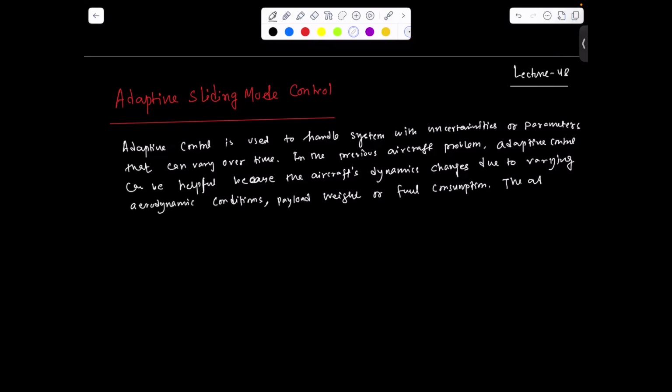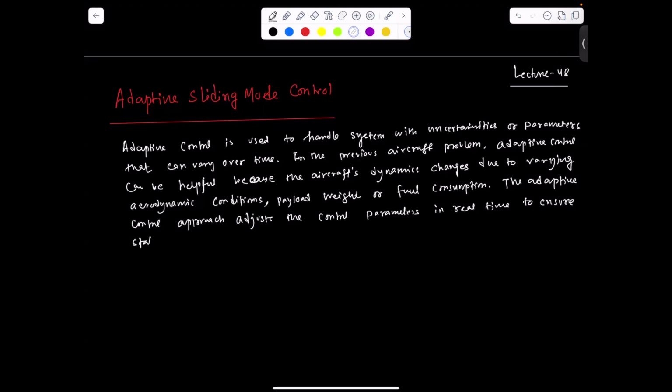The adaptive control approach adjusts the control parameters in real time to ensure stability and desired performance of the entire envelope of flight.